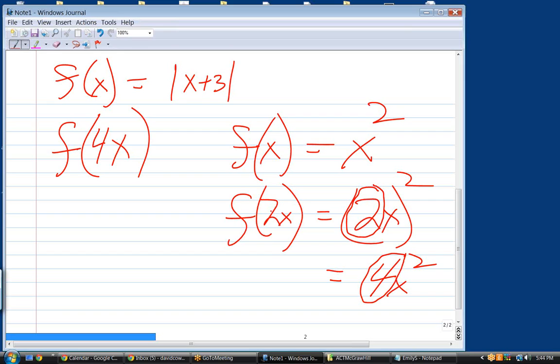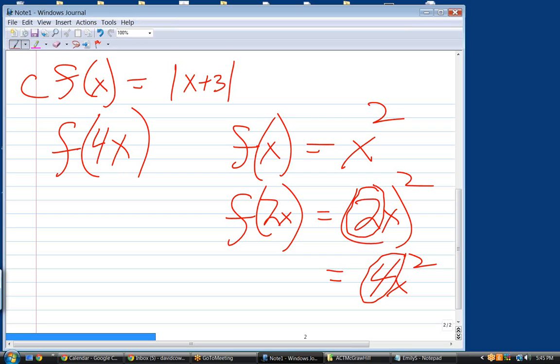So if c is greater than 1, it's a shrink. Yeah, let's review this here. When we have the c in front of the function like that, if c is greater than 1, it's a stretch. If c is less than 1, what I really mean by that is between 0 and 1, it's a shrink. Okay? Okay. When I have the c inside the parentheses, it's the opposite.